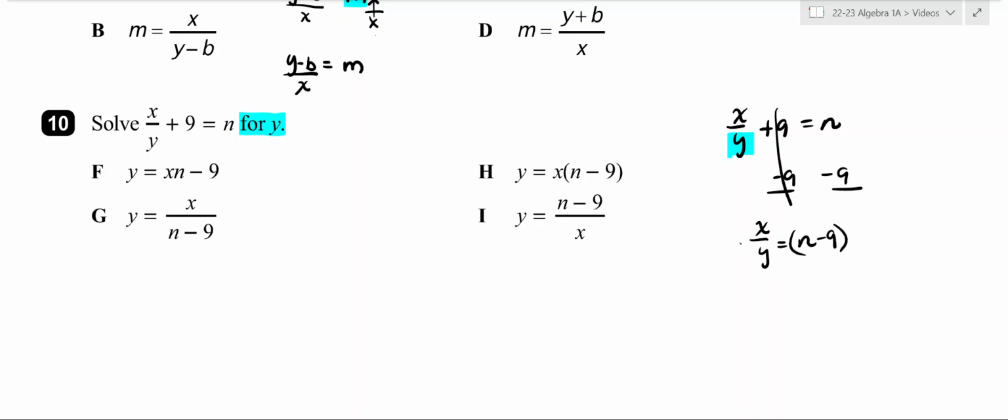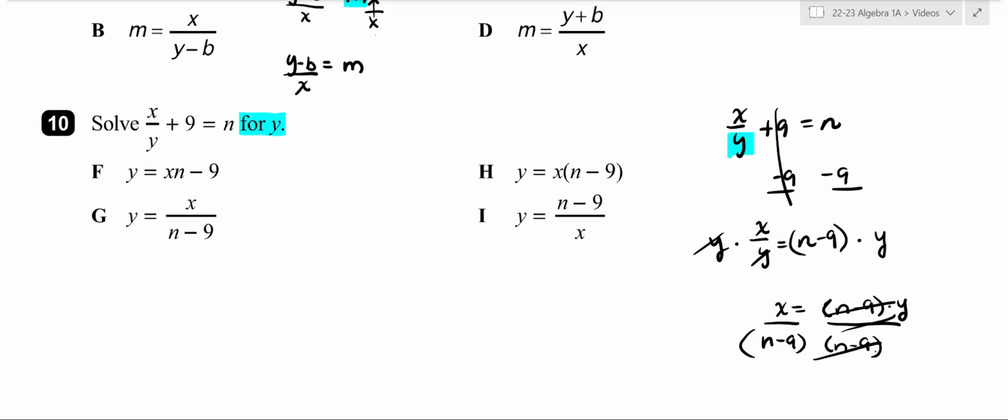As a quantity, we'll multiply both sides by y. We get that x equals n minus 9 times y, and then we divide by n minus 9. X over n minus 9. Ooh, all right.